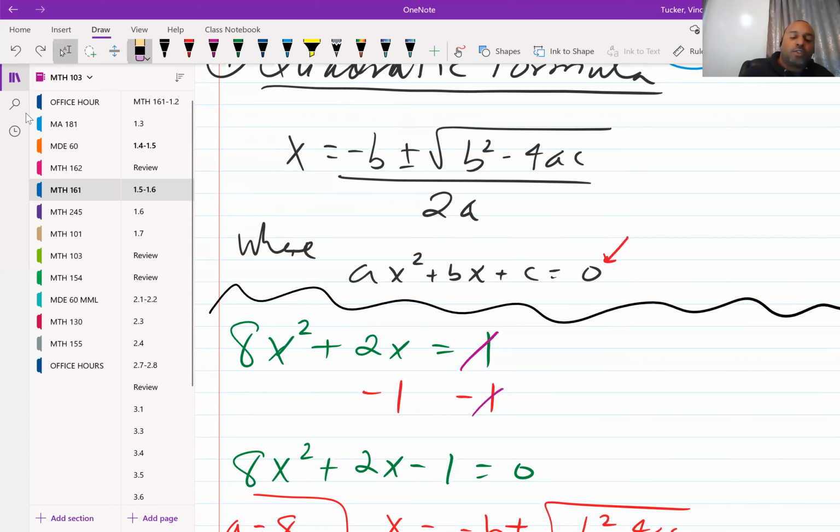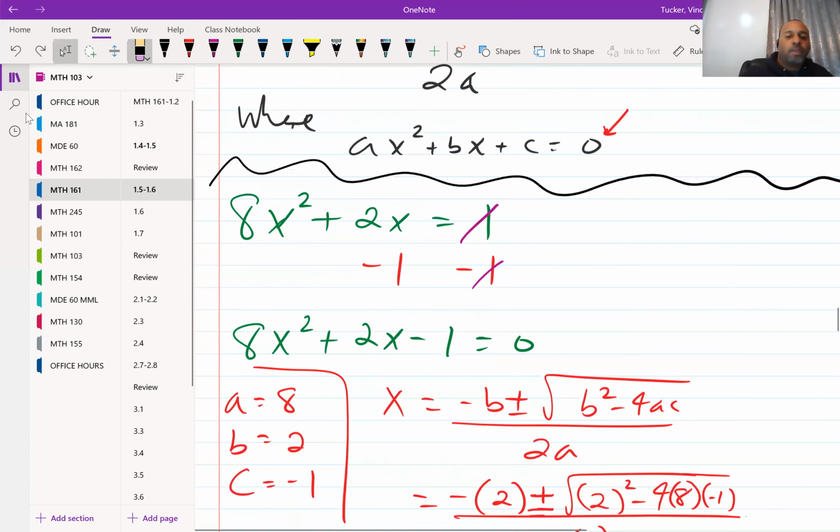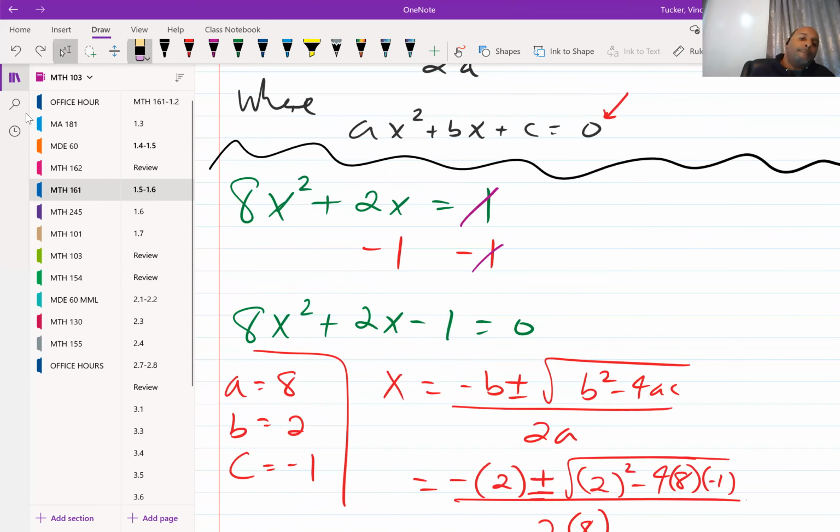So now we know what A, B, and C are. A is 8, B is 2, C is -1. And then we can plug it into the formula accordingly.